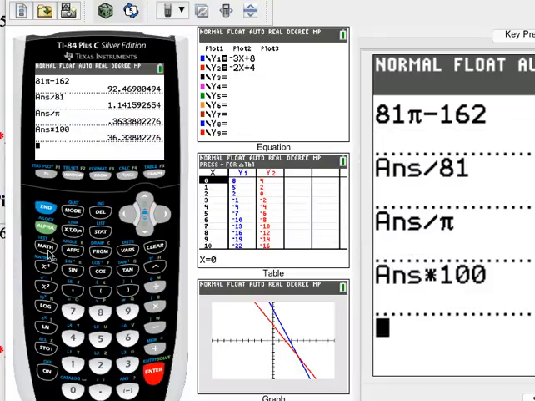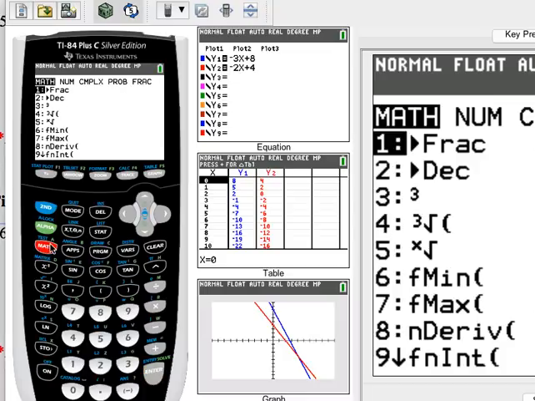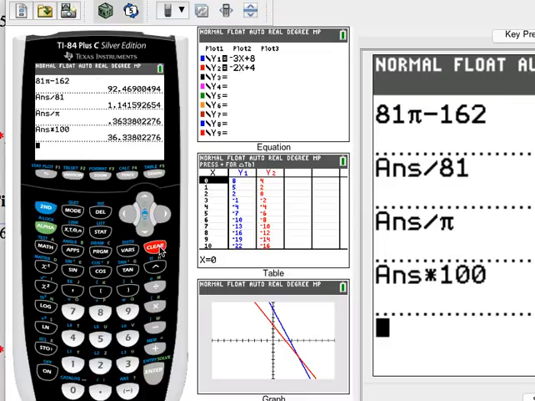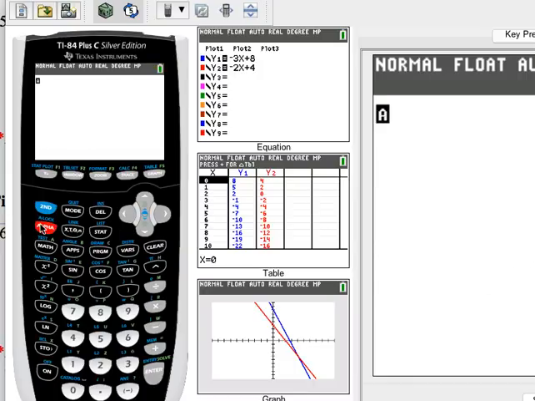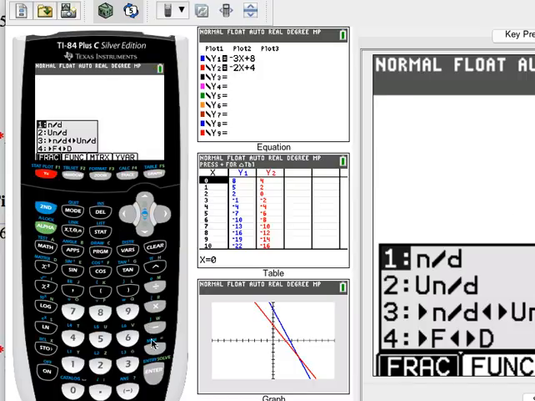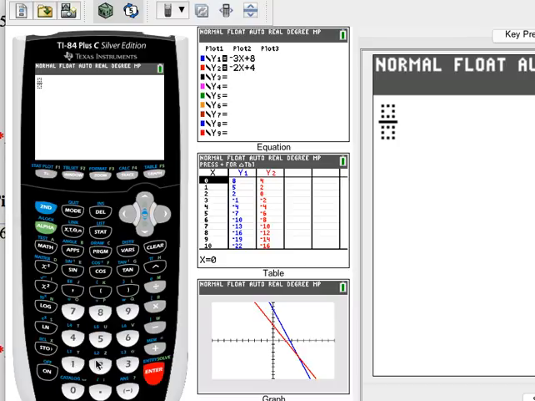But I think the best way to do it for real, if you have a good calculator or a new calculator, is to go not math. Let's just clear out of that. Let's go alpha y equals and then enter. Then on top we can put 81 pi minus 162.